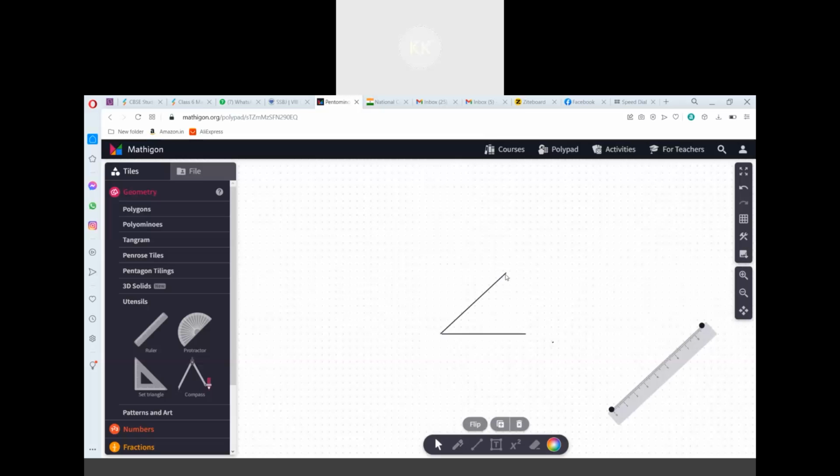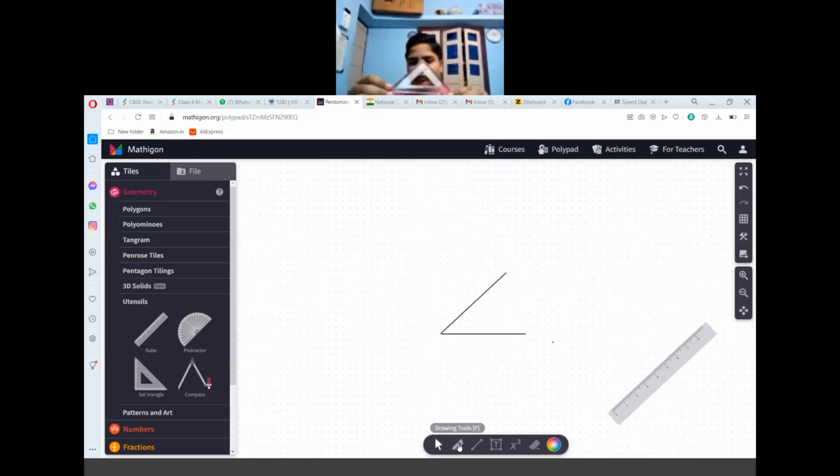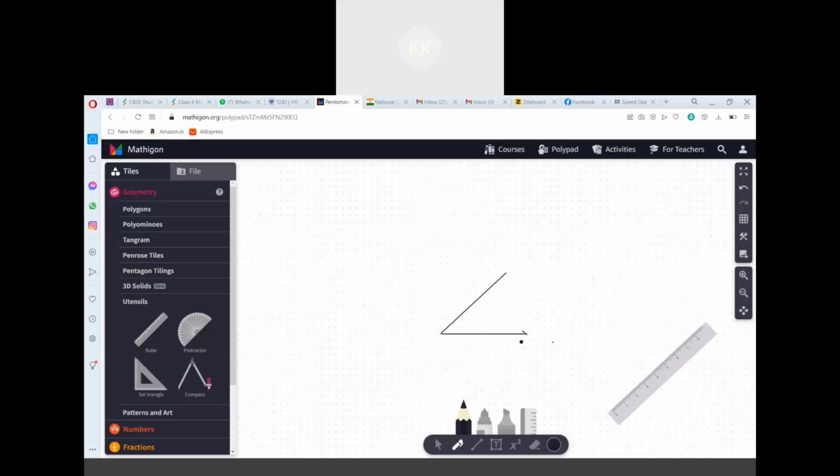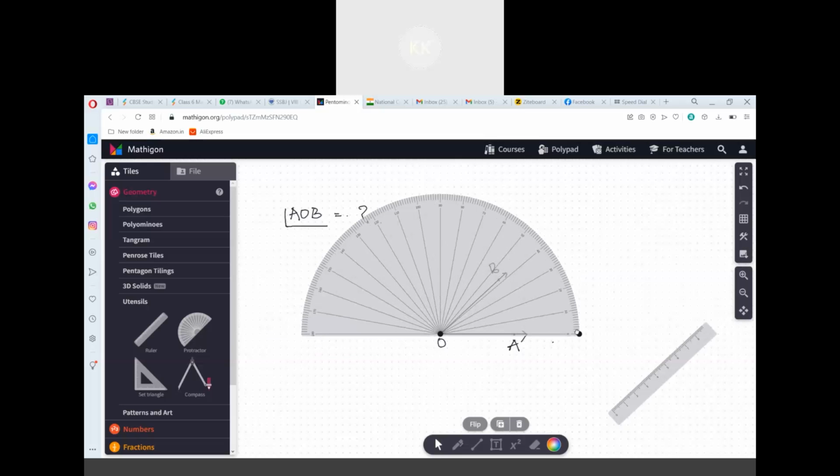If I name this particular ray as OA and this ray as OB, angle AOB is formed. If you want to measure this angle AOB, we make use of this instrument called a protractor.